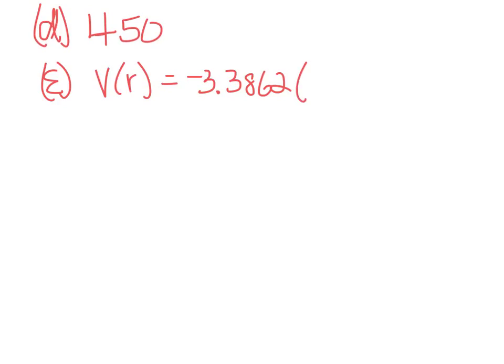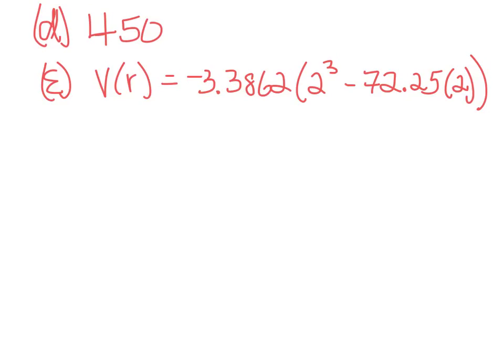And I'm going to multiply that by R cubed. Now, they're telling you in part E that the R is 2. So I'm going to just replace that with 2 cubed minus 72.25. And that is going to be multiplied by R, which again, they're telling us is 2.